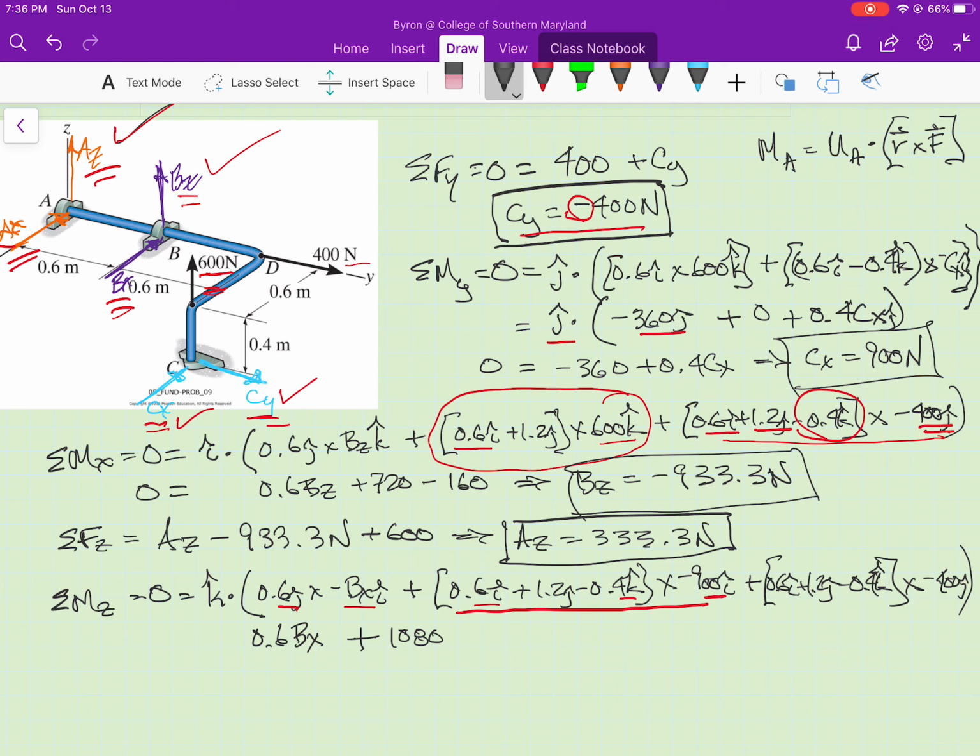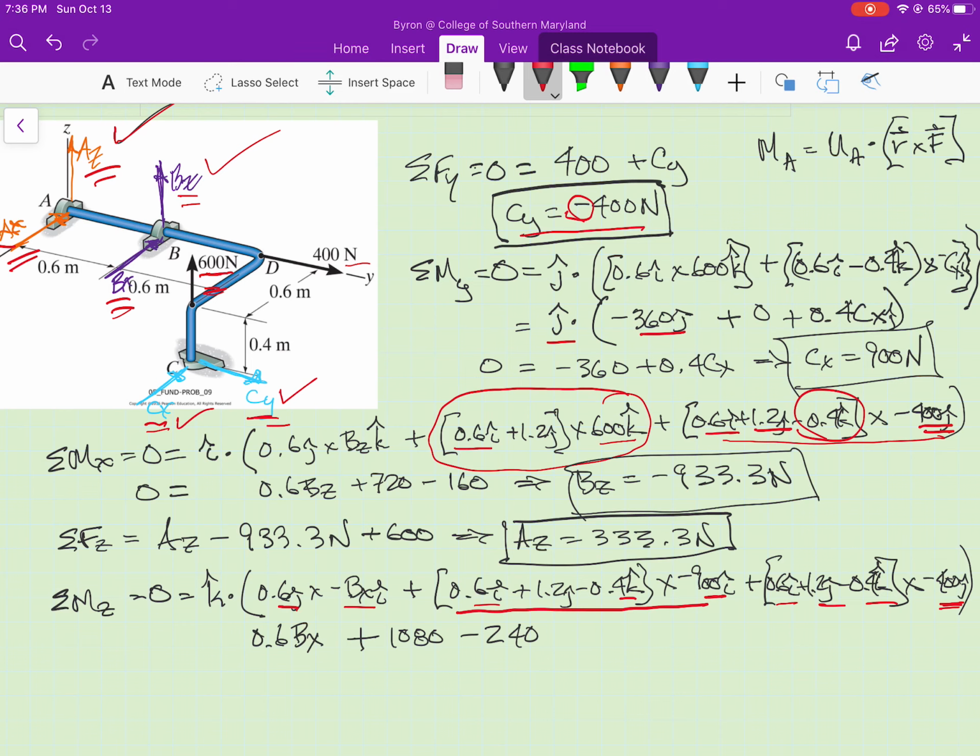Okay, the last moment, i cross j is a positive k. 0.6 times negative 400 is a negative 240. j cross j is 0. k cross j is negative i, and I don't need to worry about that.